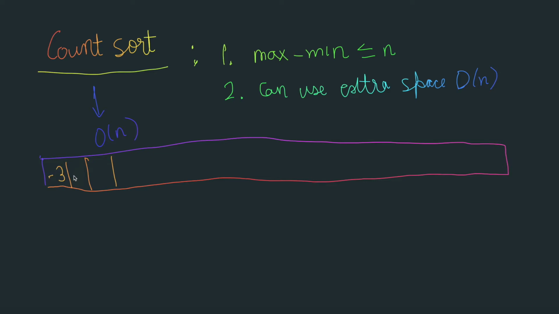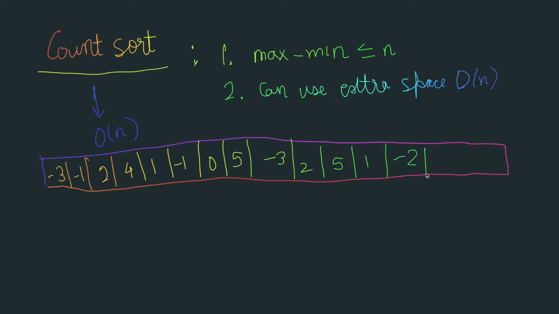The first element is say minus 3, the second element is minus 1, the third is 2, the fourth is 4, the fifth is 1, the sixth is minus 1 again, the seventh is 0, the eighth is 5, the ninth is minus 3, the 10th is 2, the 11th is 5 again, the 12th is 1, the 13th is minus 2, the 14th is 0, the 15th is minus 3, and the 16th is 5.